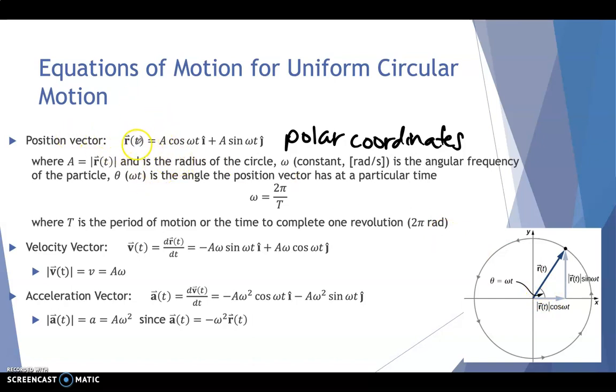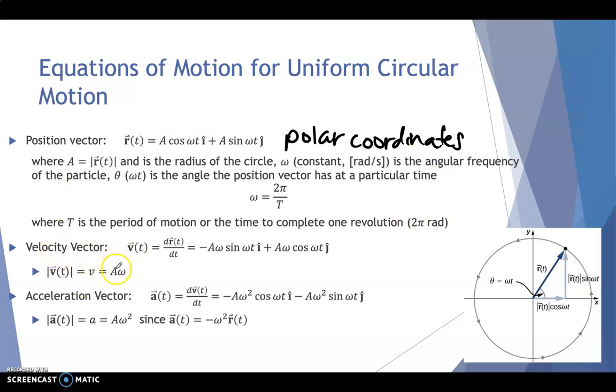So again, position vector r equals a cosine omega t i hat plus a sine omega t j hat. Okay. All right. And just to remind you guys that one revolution is 2 pi radians. You guys probably already know that, but just to kind of throw that in. Okay.